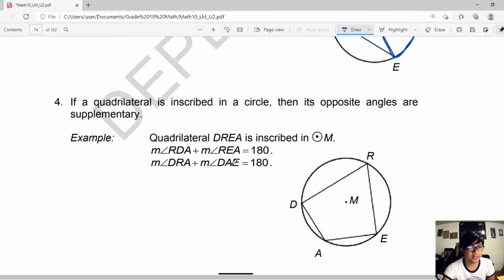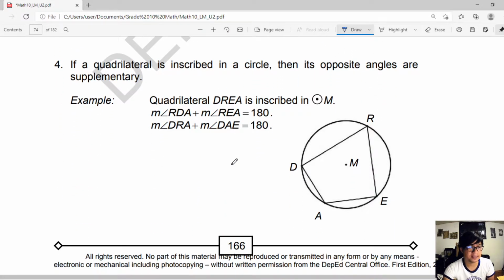And the fourth theorem is, if a quadrilateral is inscribed in a circle, then its opposite angles are supplementary. So when we say supplementary, the sum of the angles are equal to 180.